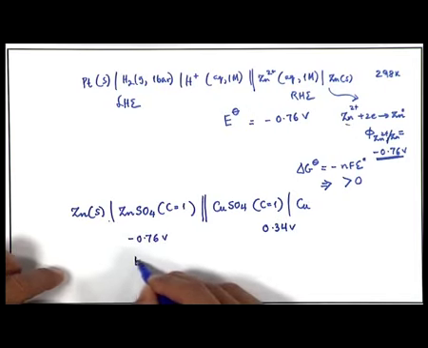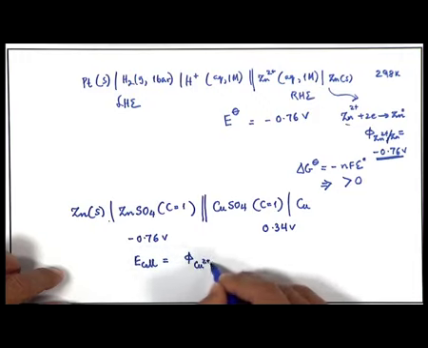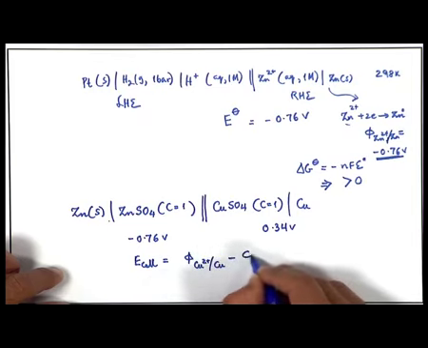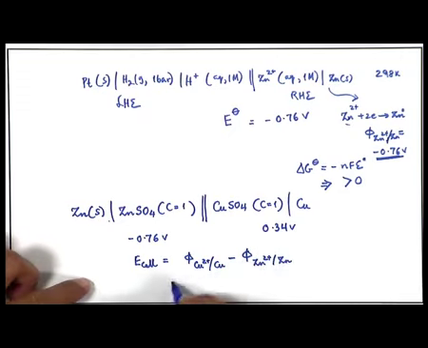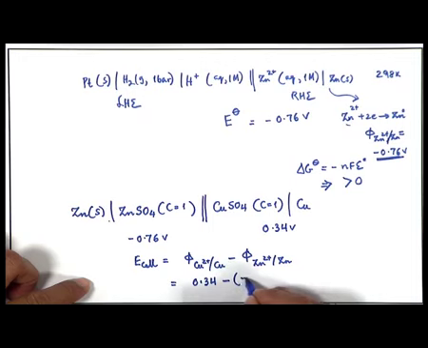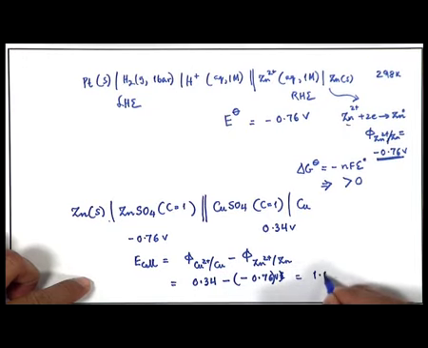Therefore, E cell will be phi right, meaning Cu2+/Cu, minus phi left, meaning Zn2+/Zn. That means 0.34 minus (minus 0.76) volt, which gets you 1.1 volt.